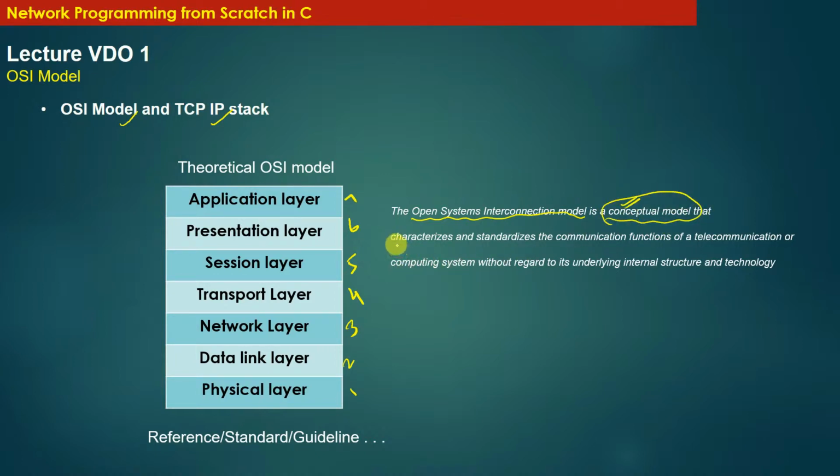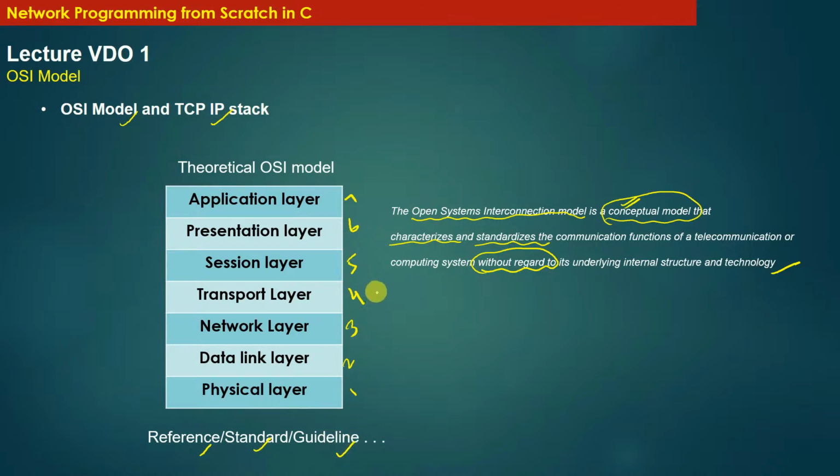The OSI model characterizes and standardizes the communication functions of a telecommunication or computing system without regard to its underlying internal structure and technology. So it means that the OSI model works as a reference. It is a standard, or just a guideline.